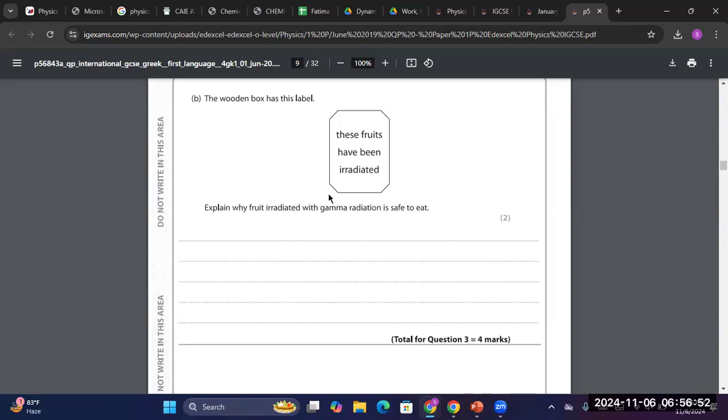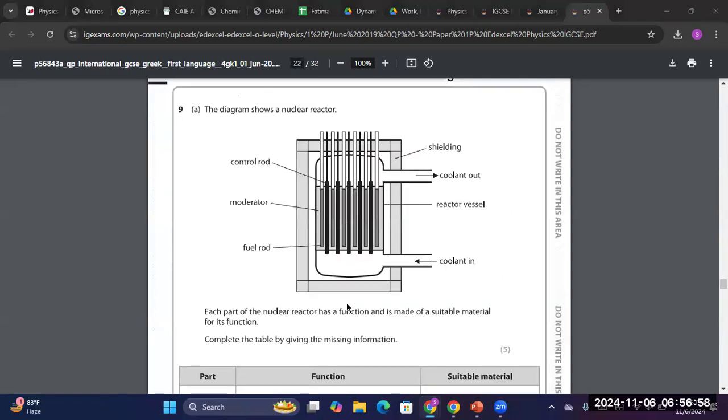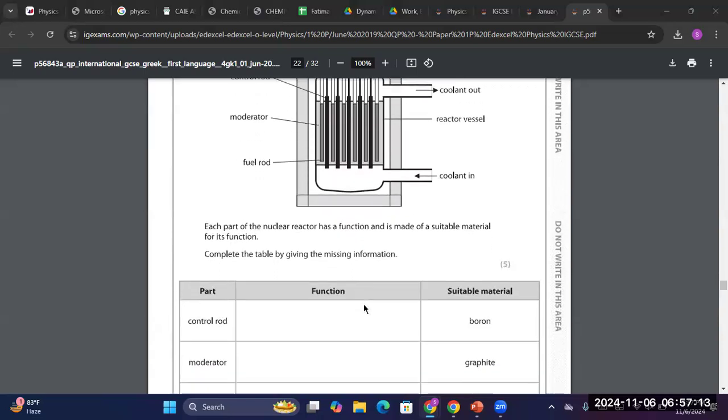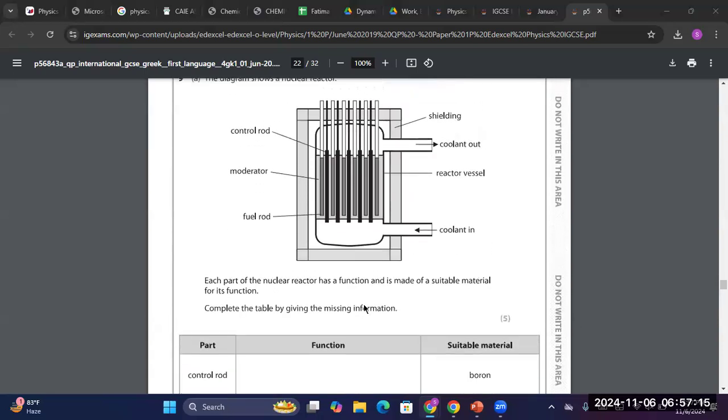Now take a look at another question. This is a nuclear reactor. The diagram shows a nuclear reactor. Each part of the nuclear reactor has a function and is made of a suitable material for its function. We have to complete the table by giving the missing information.